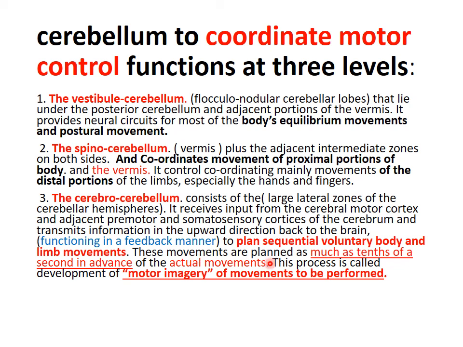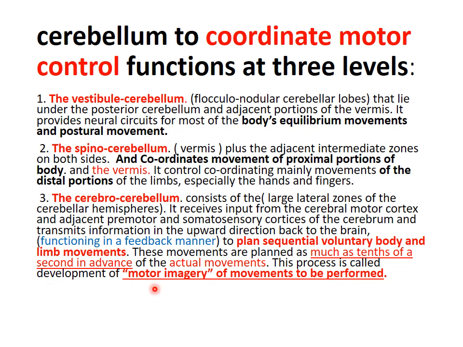So these movements are planned. Cerebrocerebellum, this is planned. Planning is done where? In the cerebellum. Planning is done in the frontal lobe, no doubt, but voluntary sequential planning is done by the cerebellum. And this is done one-tenth of a second ahead, in advance of the actual movement to be done by the cerebrum.